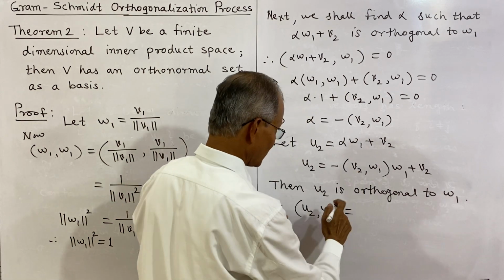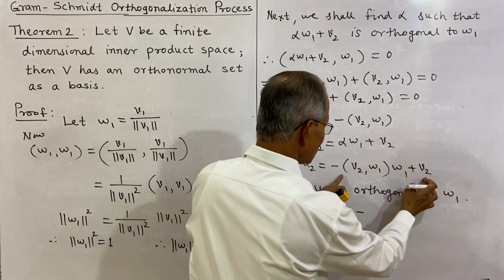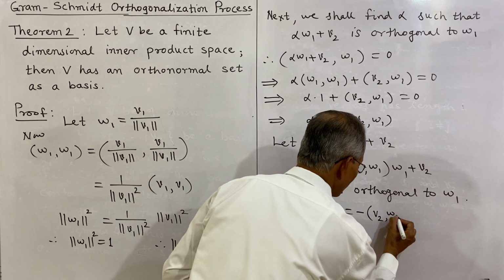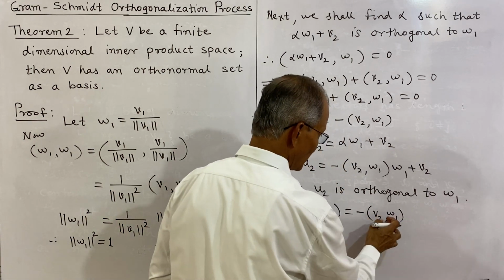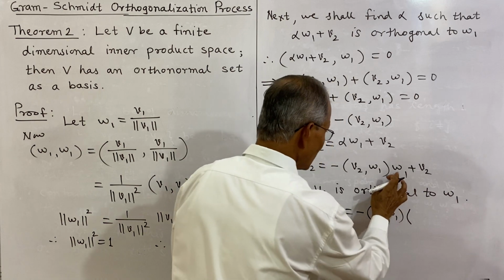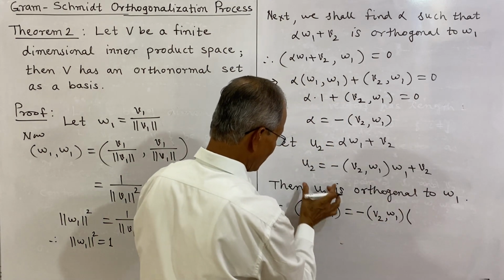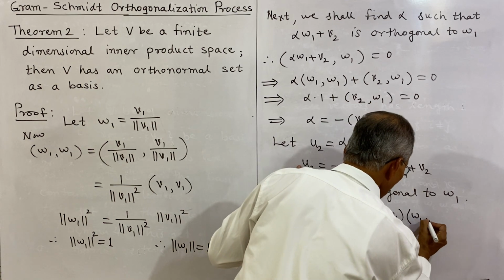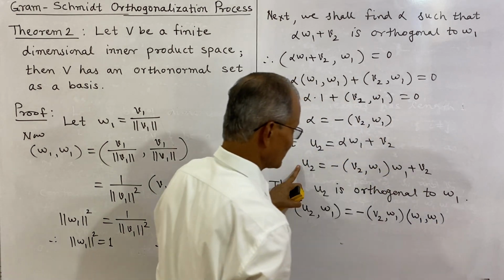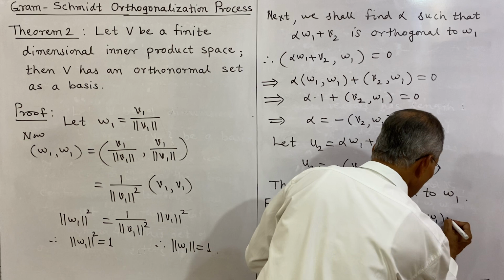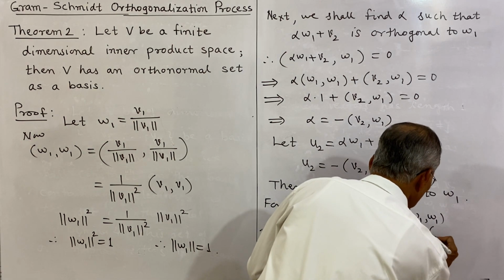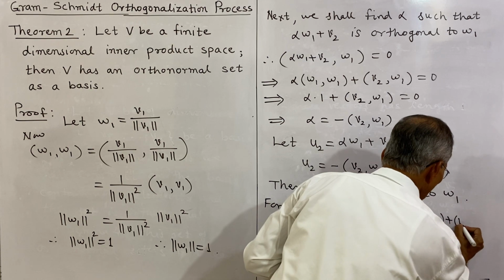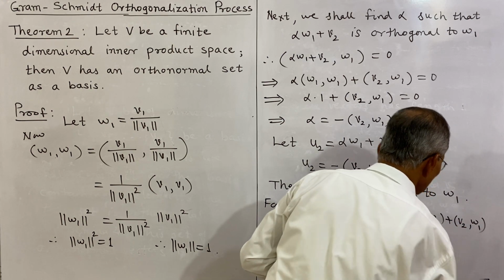We will write it directly. We have to take the inner product, and this is a scalar, so it is minus the inner product of V2 with W1 into the inner product of W1 with W1, plus the inner product of V2 with W1.